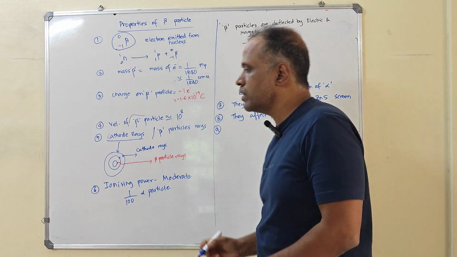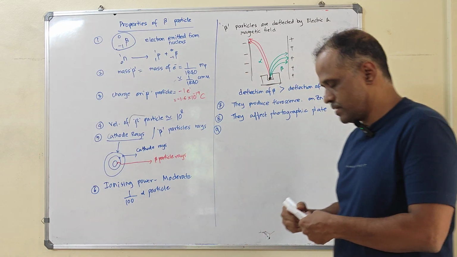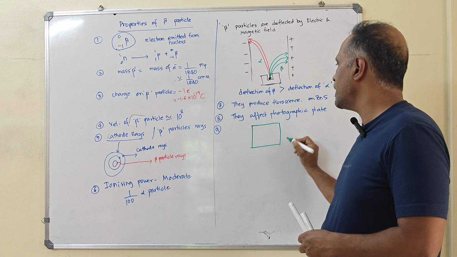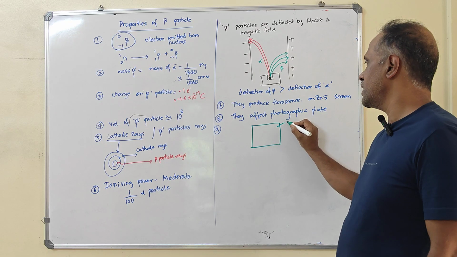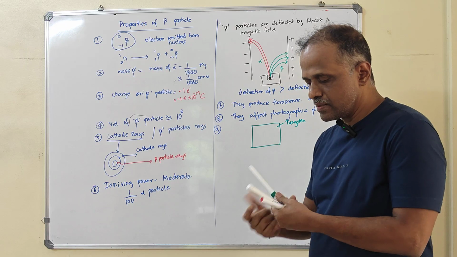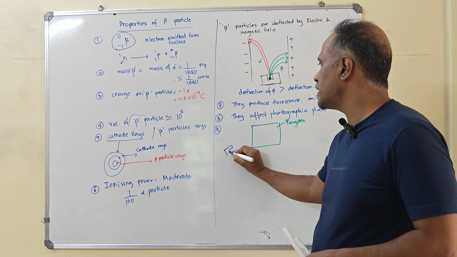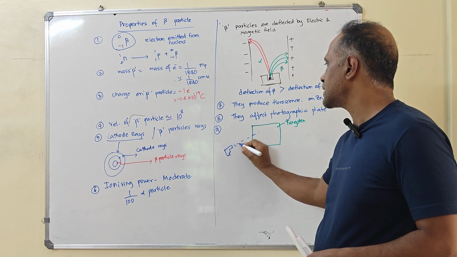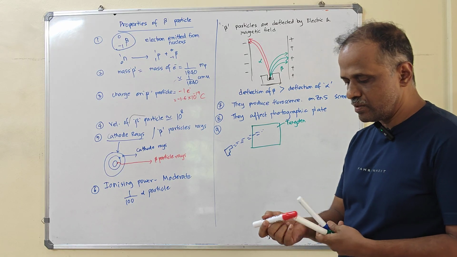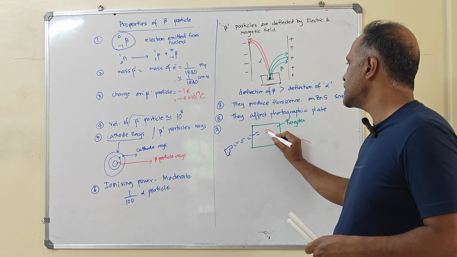Now the ninth one, and the interesting one. Suppose we have a heavier substance such as tungsten, and we make beta particles incident on tungsten. Then what will happen? We will get X-rays.